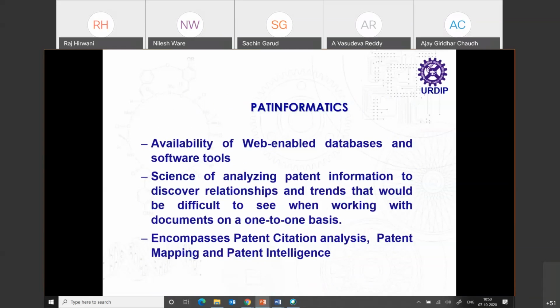When the internet came, they uploaded that on the web. It was called the IBM patent server. Later on it got converted into a startup company called Delphion, and then was acquired by another big company.